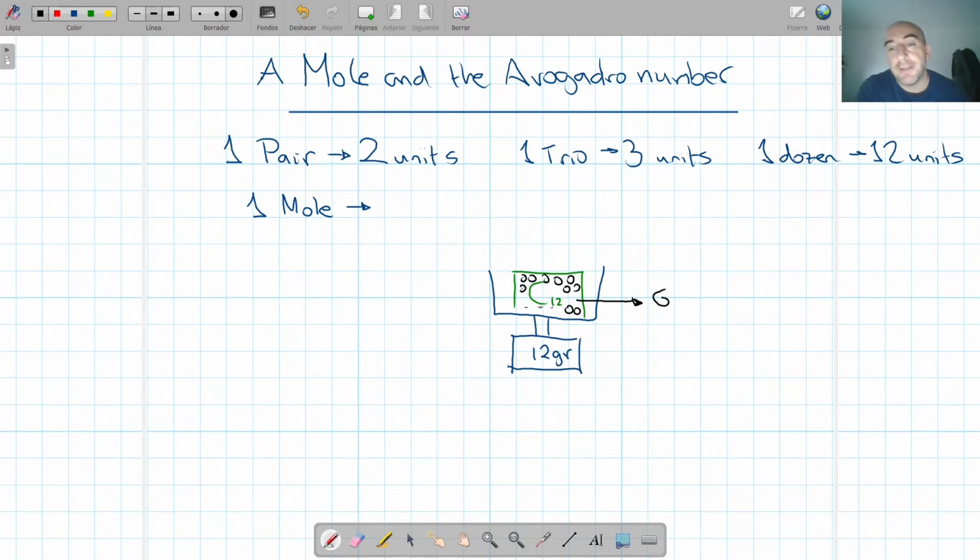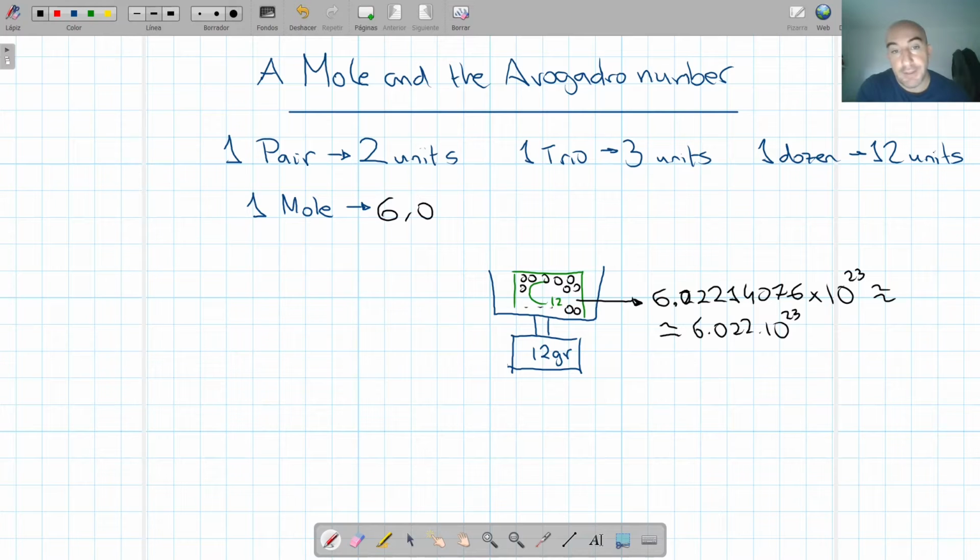And they found out that the number was 6.022140076 times 10 to the power of 23, which we normally use as 6.022 times 10 to the power of 23. Okay, so 1 mole is 6.022 times 10 to the power of 23 units.